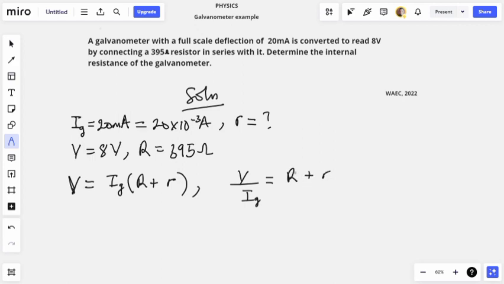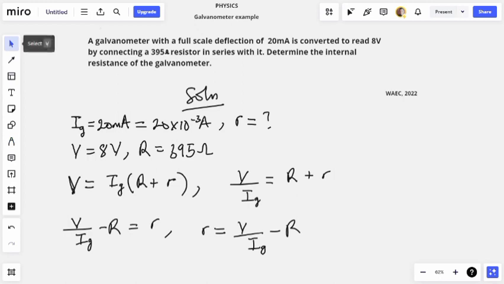Then for small r to stand alone, you take big R to the left, so it becomes V over I subscript G minus R. Or you can write it this way: r equals V over I subscript G minus R.